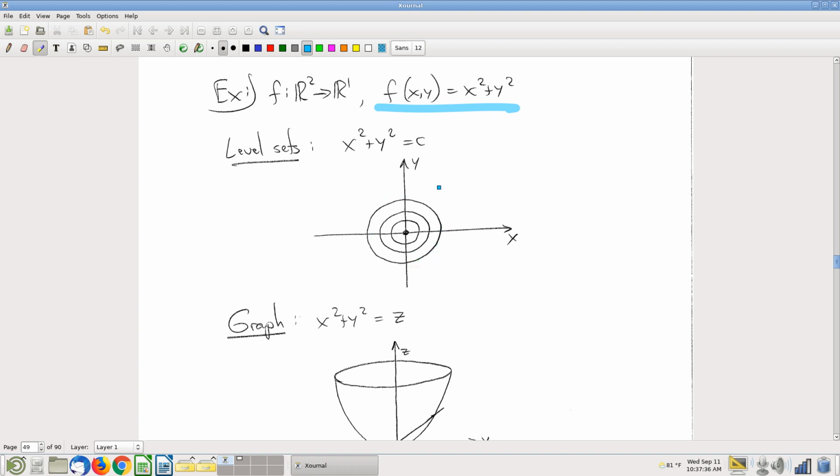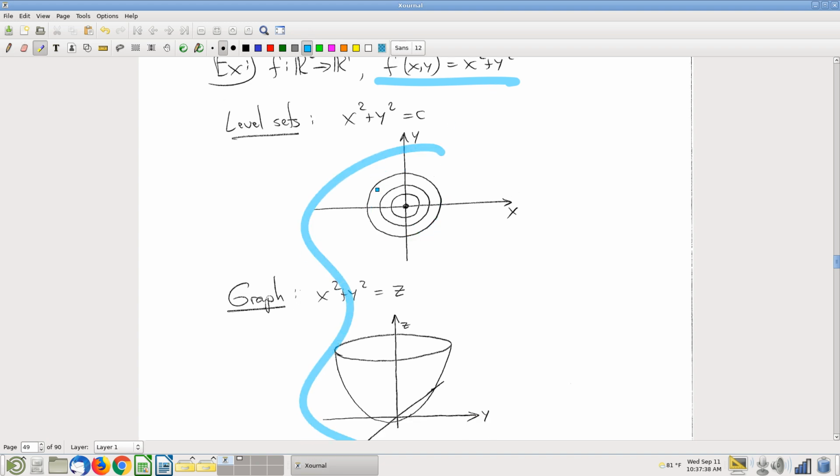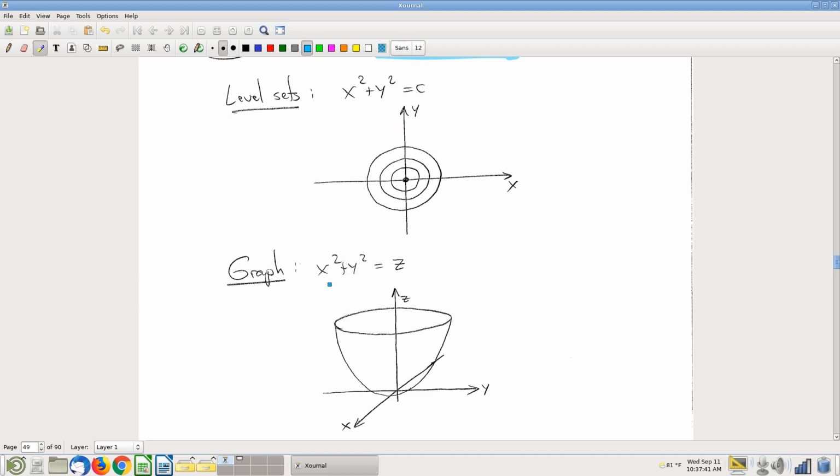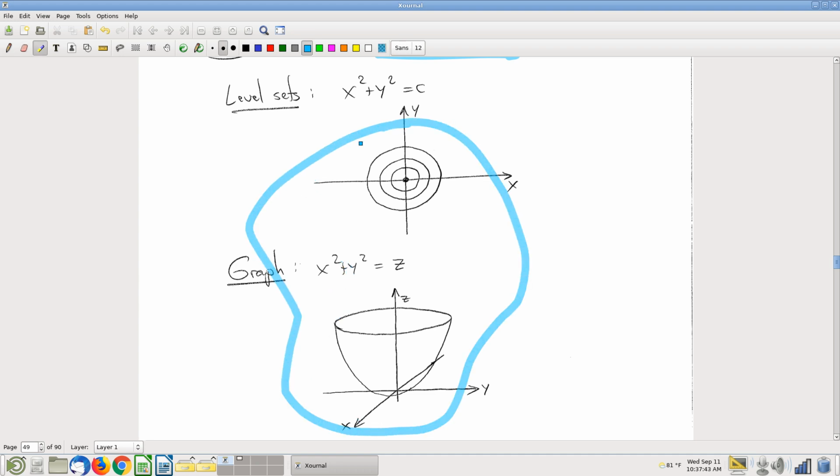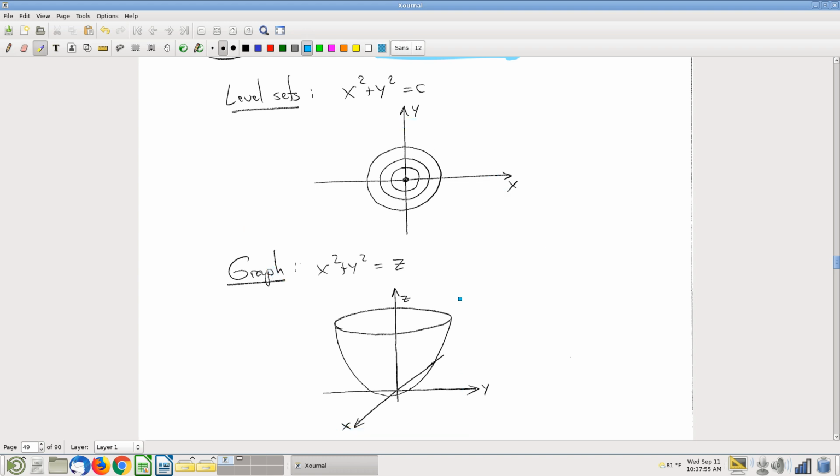If you want to say these are both pictures, okay, sure. I got cut off by the bottom of the screen there. These are both pictures. That's true. They're both figures, I suppose. But be really careful with the word graph and with the word level set. Okay. All right.